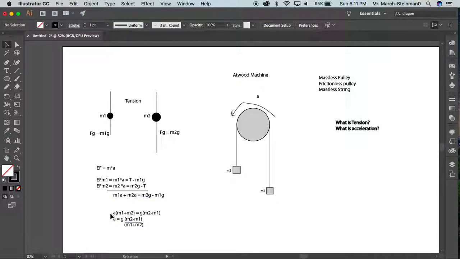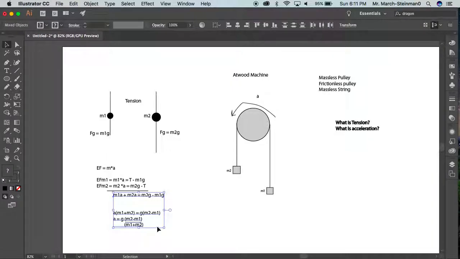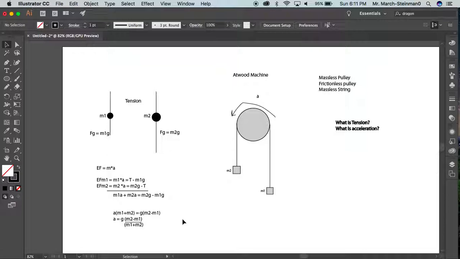Okay, so this result right here is my acceleration equation for a standard Atwood machine, basic, very simple Atwood machine. Likewise, I can take this and plug it back into my original equation to find the tension.